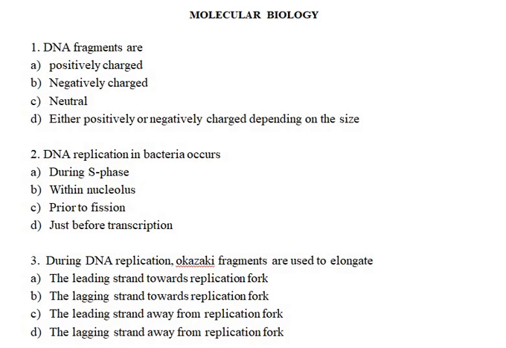Before the cell undergoes cell division, the DNA that is present in the cell should undergo DNA replication. If the DNA replication does not take place, the cell does not undergo cell division. Bacteria can divide by fission. So the correct option is DNA replication in bacteria occurs prior to fission.